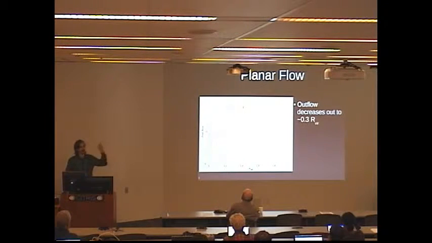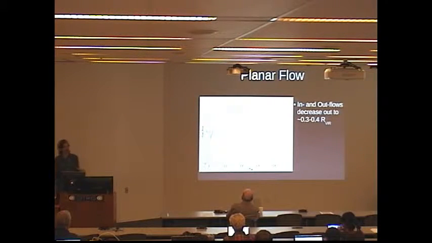But when you then have cosine theta of 0.4, now you start to see you are getting some recycling happening here. And you go all the way into the plane where you're talking cosine theta of about 0.1, and now you're having dramatic amounts of recycling happen. So we're finding lots of recycling here on the order of the disk radius out to about 20 to 30% of the virial radius, and it's primarily happening in the plane of the disk, not out of the plane.